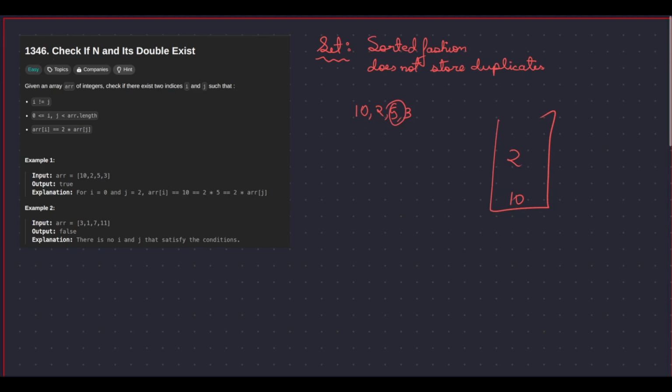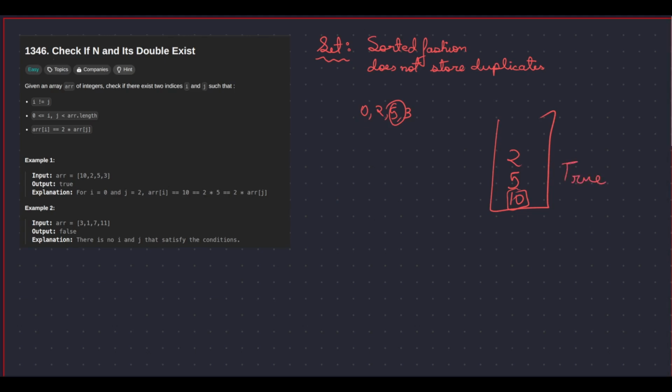So 5. So 10 or 2, does it exist within the set? It does. 10 exists, but 2 will not be considered because it is not completely divisible. 5 is not completely divisible by 2. We'll get 2 and a remainder 1. So in this case 10 exists within the set, so what we can do is return true.